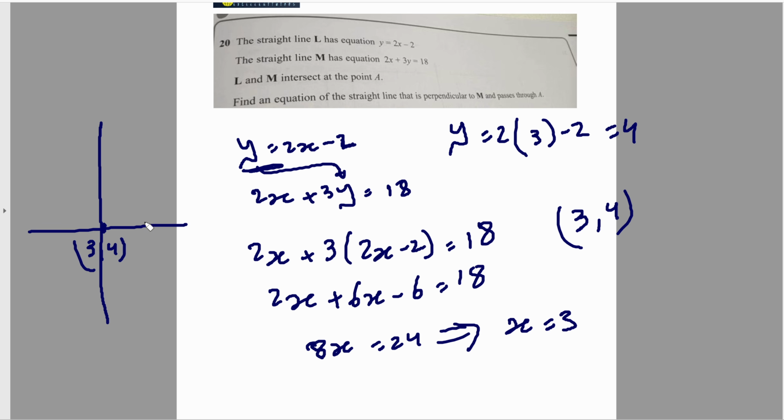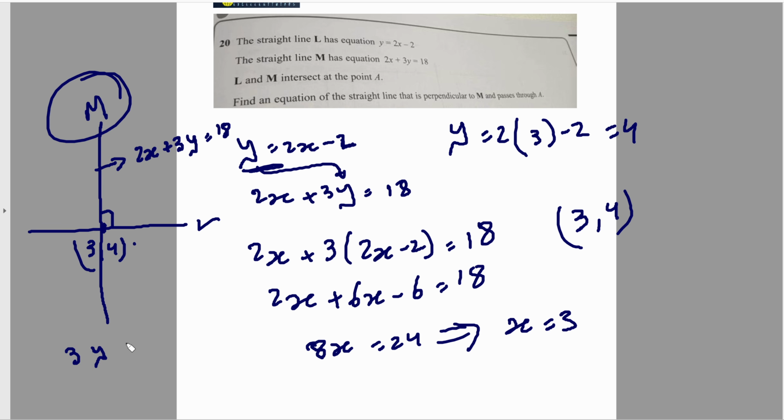So they are perpendicular to each other, and I want the equation of this one, and let us say that's M, which is 2x add 3y equals 18. That means I need to find the gradient of the line M. So I make y the subject. So 3y equals 18 minus 2x. Therefore y equals 6 minus 2/3 of x.